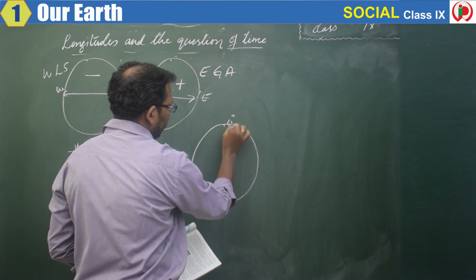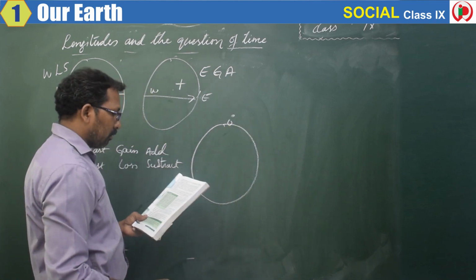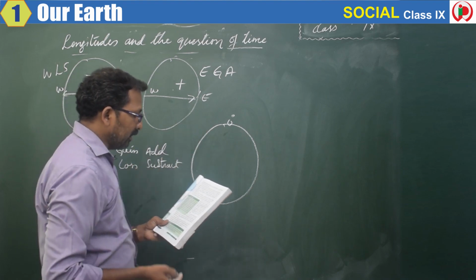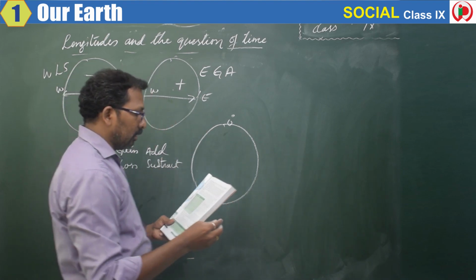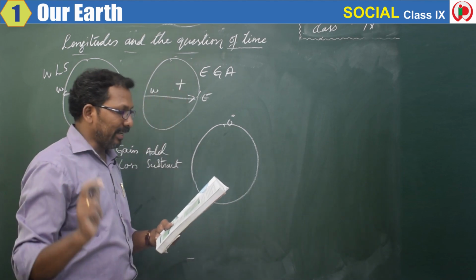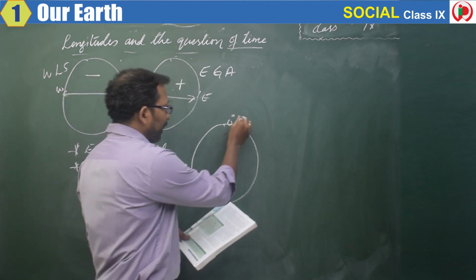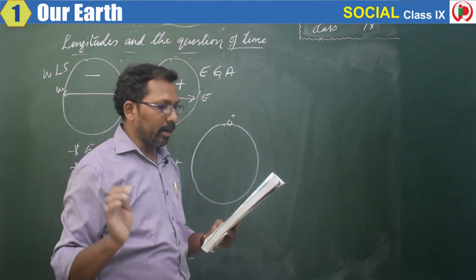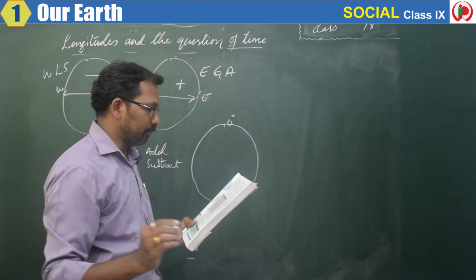This is 0 degrees longitude, my dear children. It is noon on Monday at 0 degrees, and it is midnight at the opposite longitude, the anti-meridian.